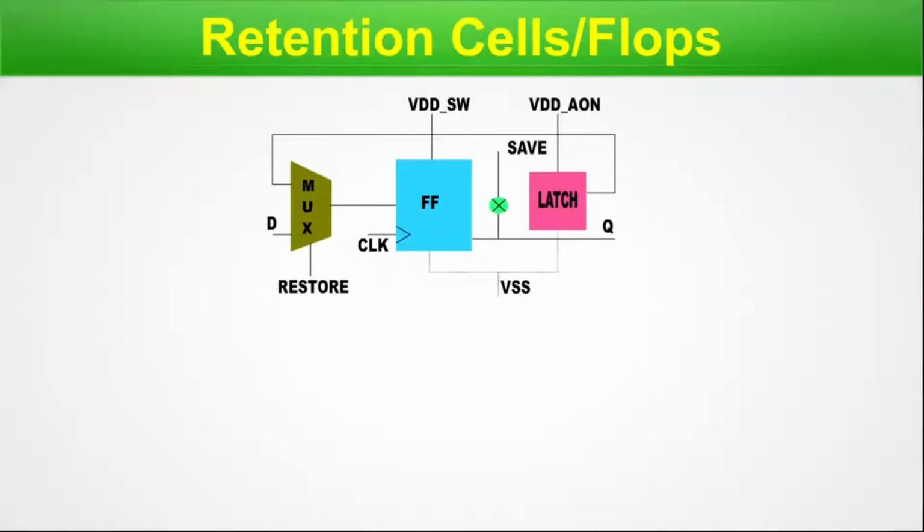So here, let me bring my mouse pointer. This is the structure of a retention cell. And here the two most important signals are save and restore. So what does this entire setup do? It stores the last state. If a save signal is sent, it will store the last signal inside it, before switching off this power block.